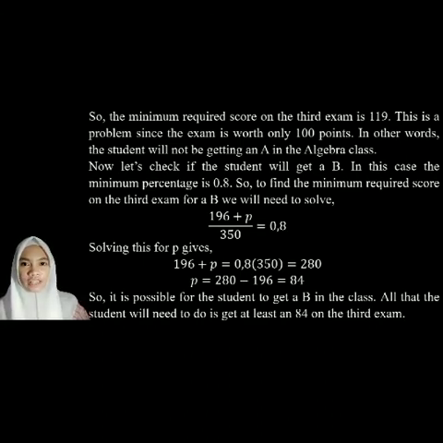Solving this for P gives us 196 plus P equals 0.8 times 350 equals 280. So, P equals 280 minus 196 equals 84. So, it is possible for the student to get a B in the class. All that the student will need to do is get at least an 84 on their exam.